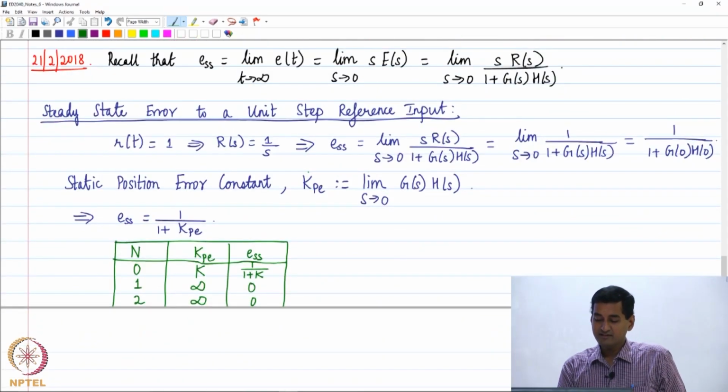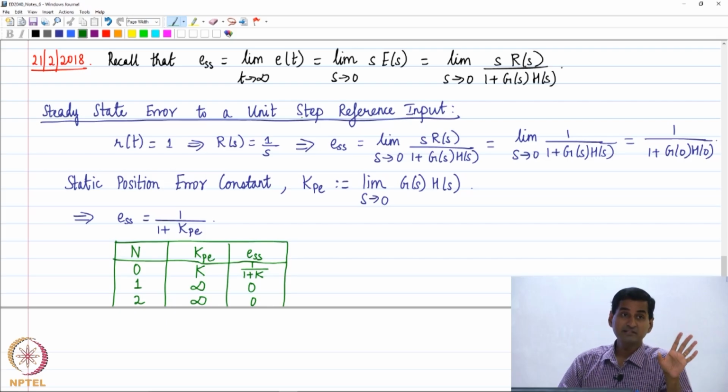So what can we observe from this analysis? Of course please note that we are assuming that the closed loop system is stable, right? Only then can we do all this analysis. So that's a presumption, right?